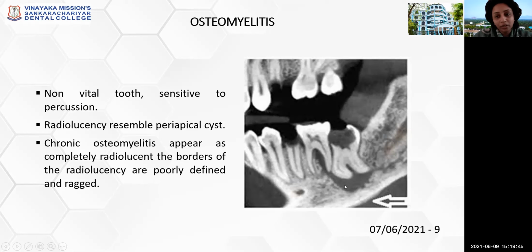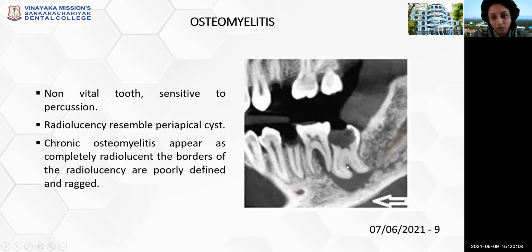The third stage of radiographic appearance will be a complete radiopacity, and the fourth stage it will become proliferative periosteitis. So in the acute case or in the chronic long-standing stage, the first stage of radiographic evidence will be complete radiolucency seen at the periapical region of the involved teeth.